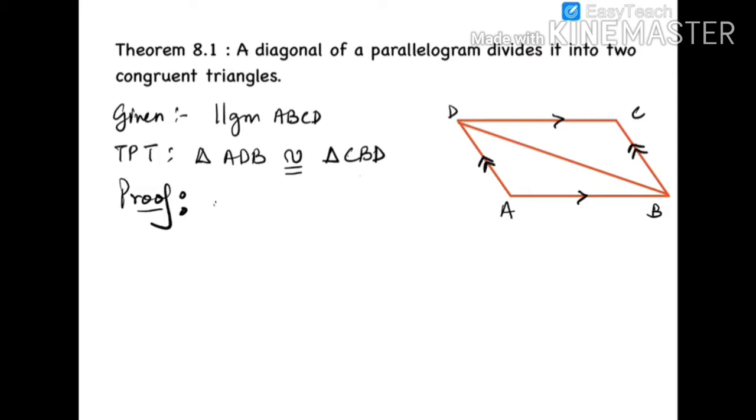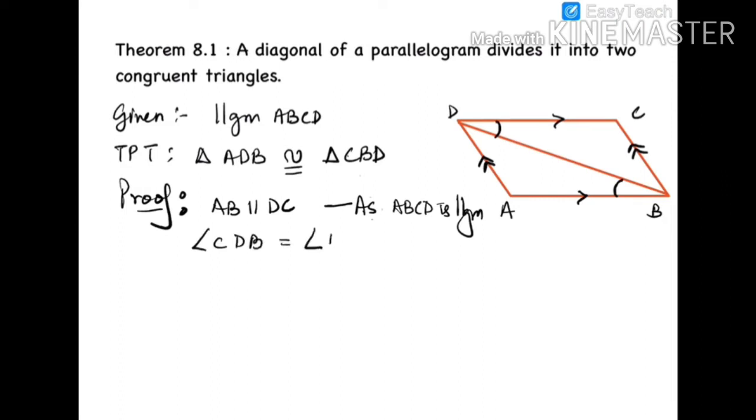So we can write AB is parallel to DC. So if we take DB as the transversal, then angle CDB will be equal to angle DBA because they are alternate interior angles.